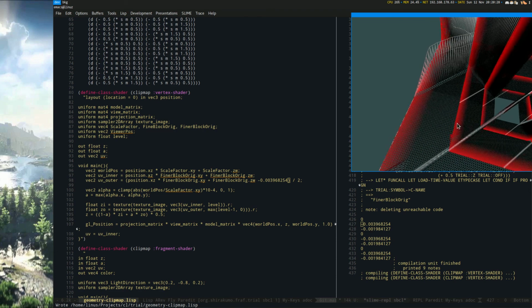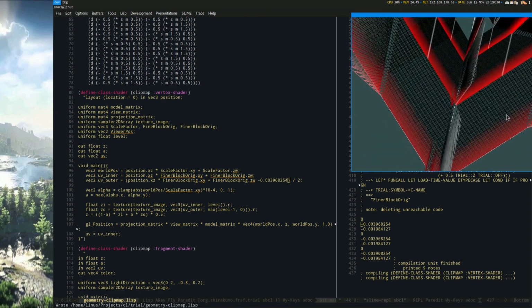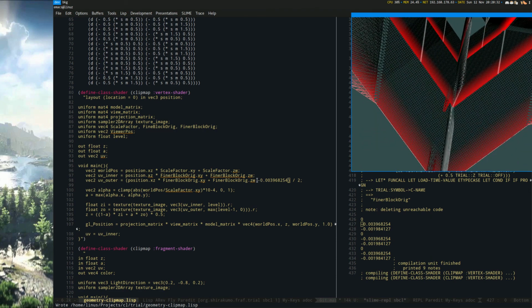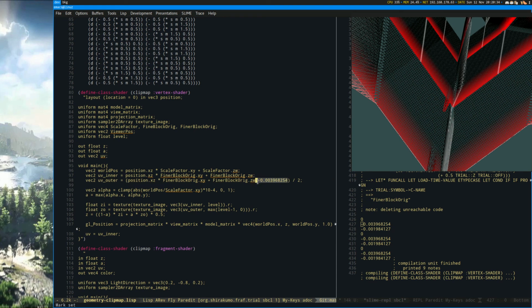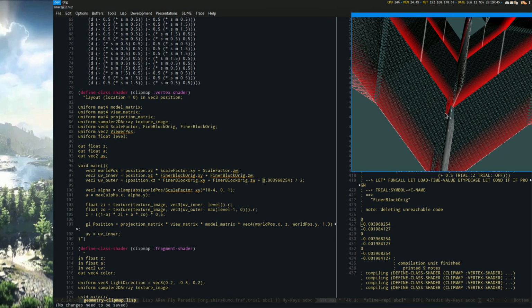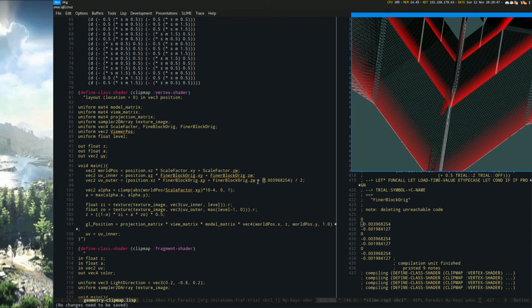Does that change anything at all? Let me see. Sort of. It makes it worse. Of course, because we're doing the same thing again. Still doesn't fix it. Why?